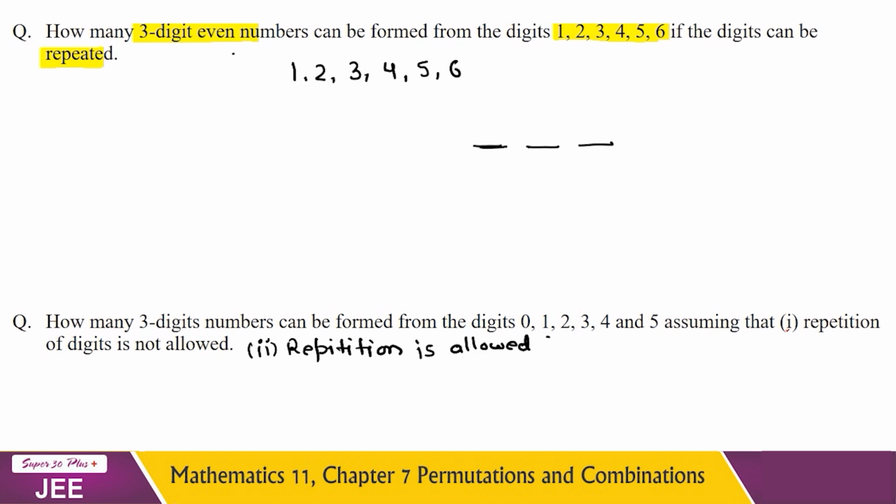So I have made 3 vacant places because we have to form a 3-digit number, and that number has to be even.